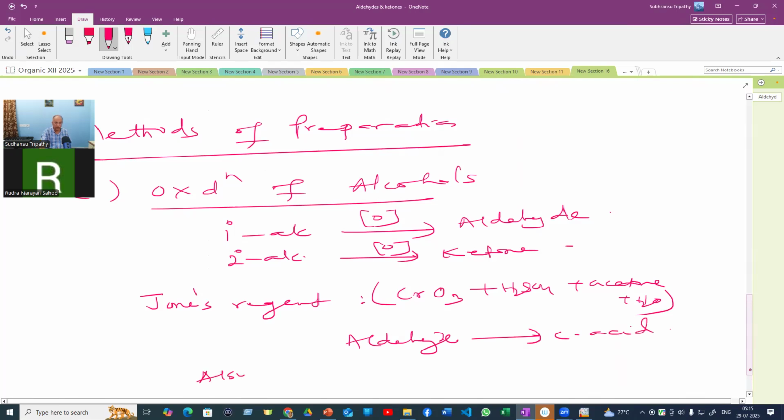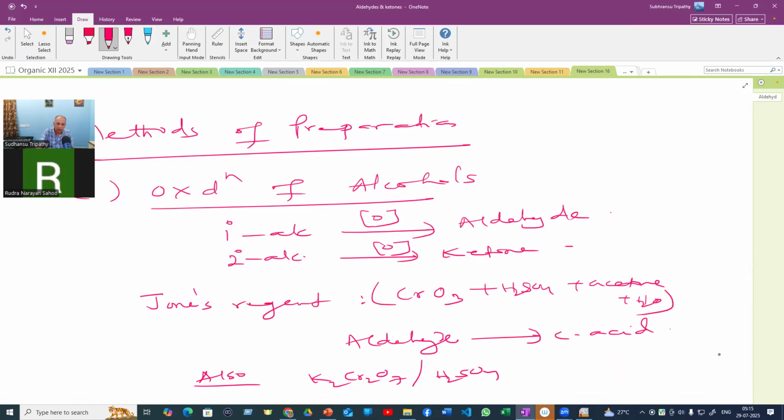Also, you can use in its place potassium dichromate. In some books you will find it simply, as we use in inorganic reactions. Usually such things are not done in organic reactions. Jones reagent is the choice, but you can write potassium dichromate sulfuric acid.